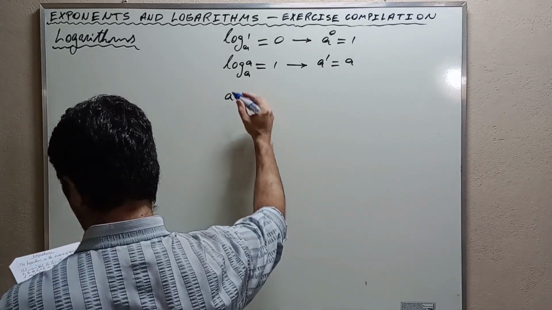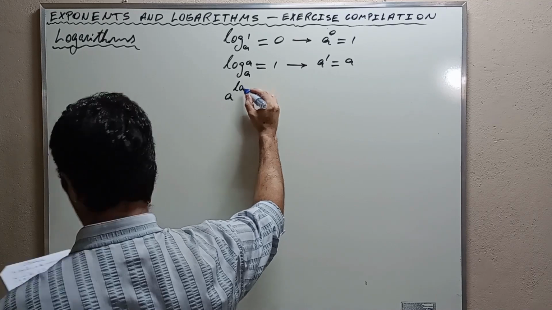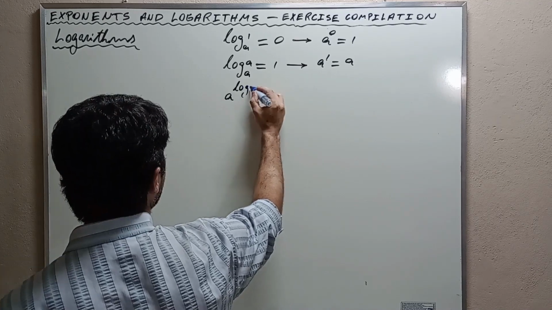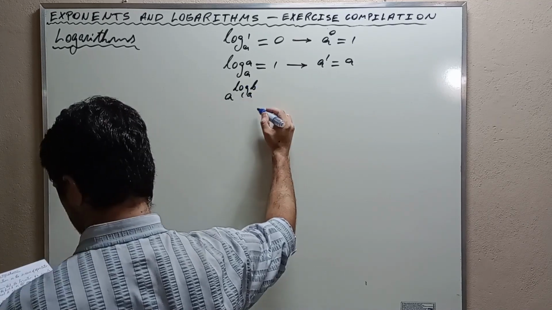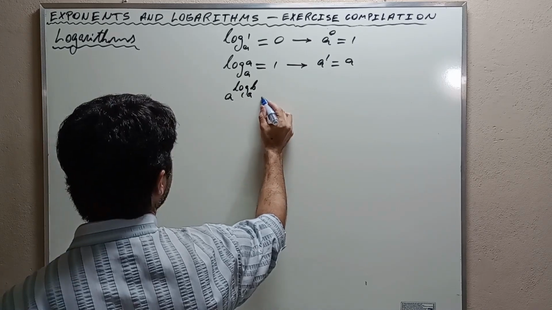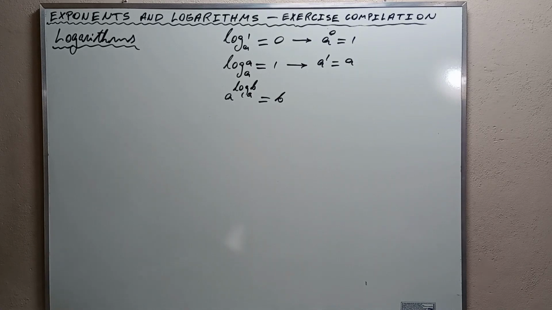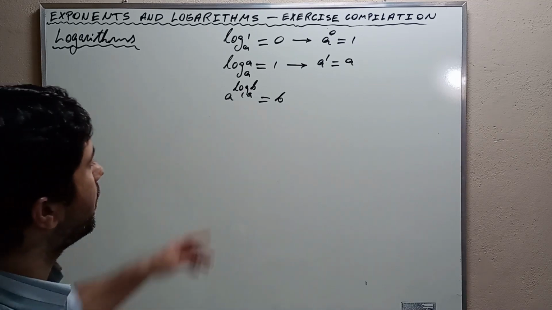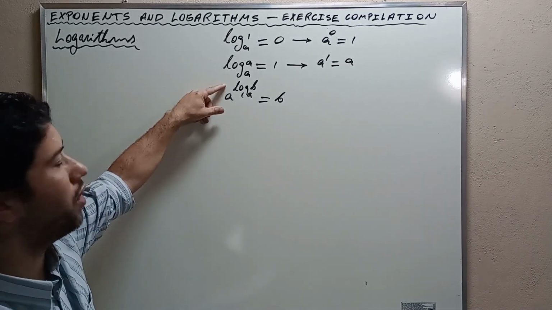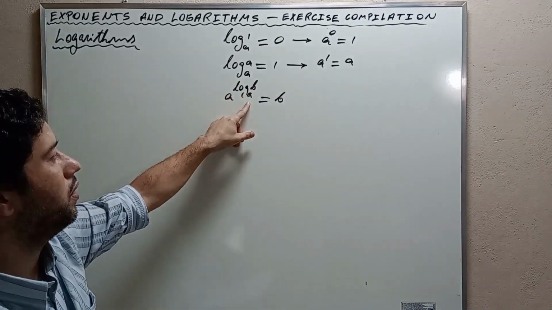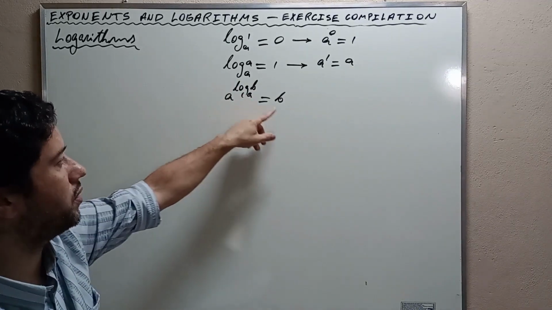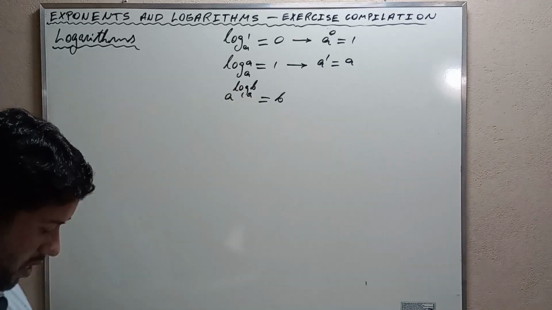A raised to the power of logarithm of b base a is equal to b, okay? Why? Because we are raising a number by the logarithm of b in its base, and it is b.